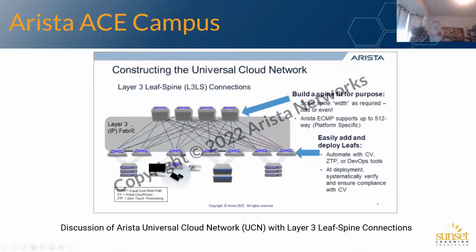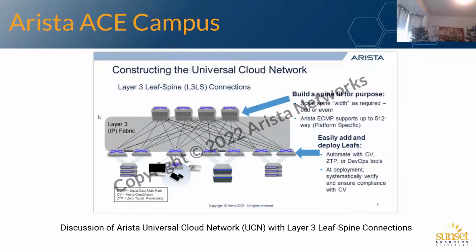And then we also talk about how to connect our leaves and spines using layer 3 IP routed links. All right. And again, those of us in networking, we know, well, layer 3 routing, that's pretty cool. I can have a routing protocol to figure out what is the best path from leaf to leaf through the spines, right? And I don't have to worry about spanning tree. Okay.